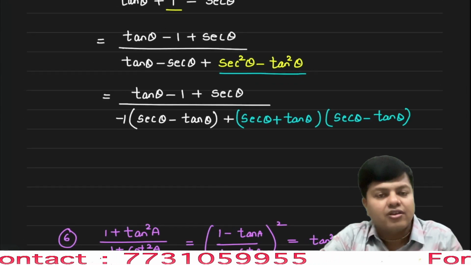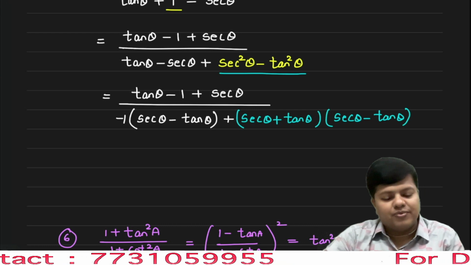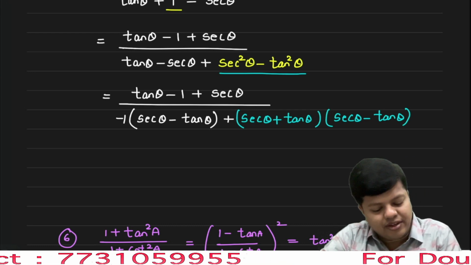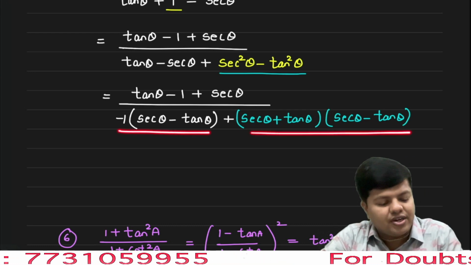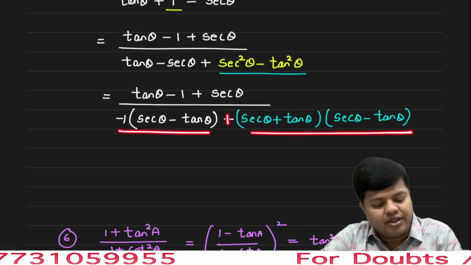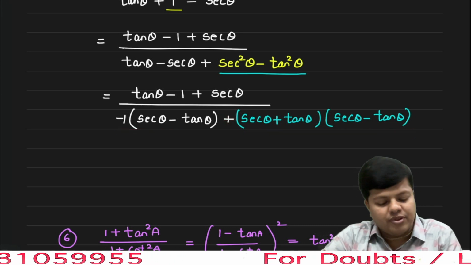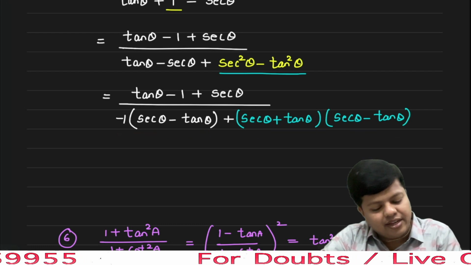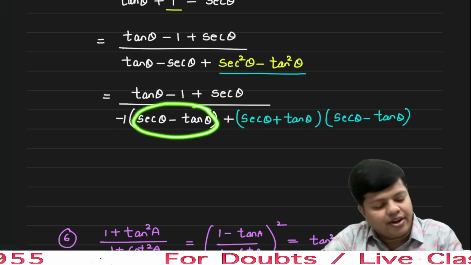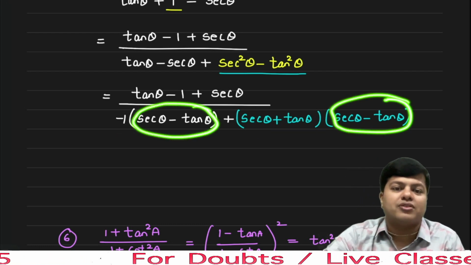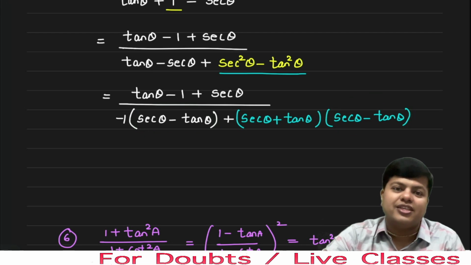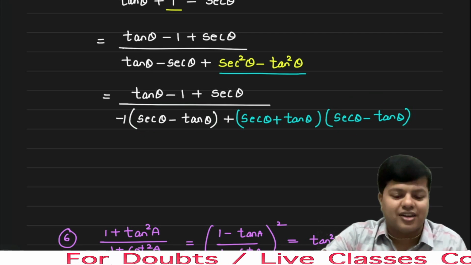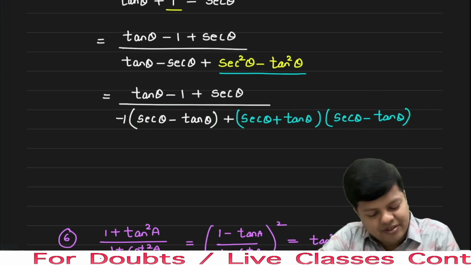Okay, sir. Okay, now if you see, this is one term, this is one term, in middle there is a plus. So from this both term we can take secant theta minus tan theta common, because both side it is there, we can take common.